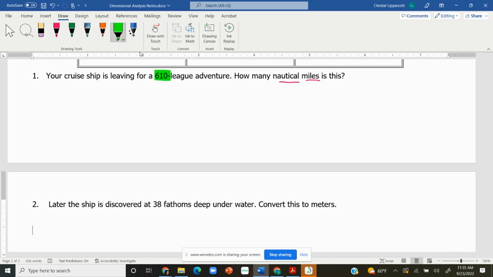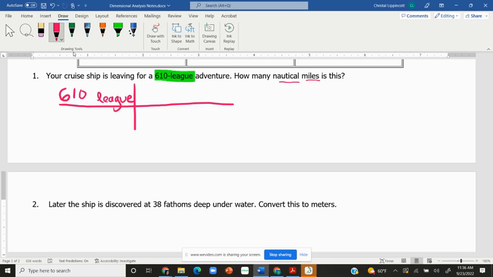We write down our number, and we're not lazy, we write down our units, because it's our units that are going to drive this whole thing and make sure we put things where they're supposed to be. So I'm going to start out with 610 leagues. I'm going to use brackets because it keeps everything clean and neat and lined up properly.